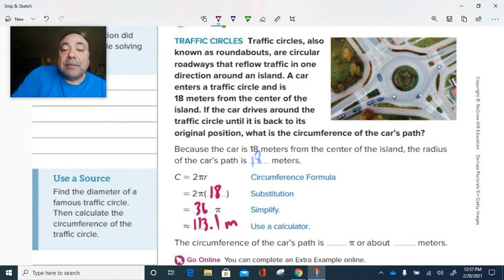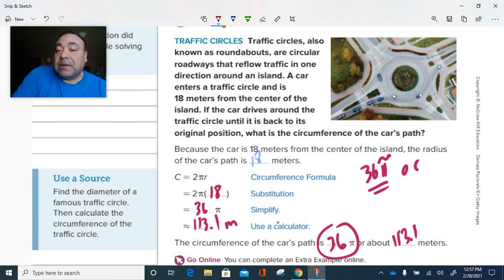We said it will be 36 pi. That's one of the answers, or about 113.1 meters. So the answer could be in terms of pi, which is exact, very, very exact. But an approximation would be 113.1. And there we go.